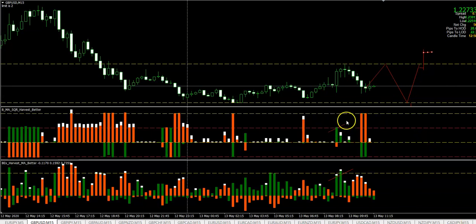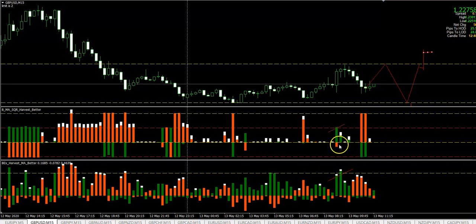You can clearly see right here, this is where I was looking and could have potentially started looking for a buy, even though it didn't qualify, because if I look down here, there is still a little bit of sellers that were still present on this candle, of which I don't like to take a trade when there's still sellers in that particular candle.